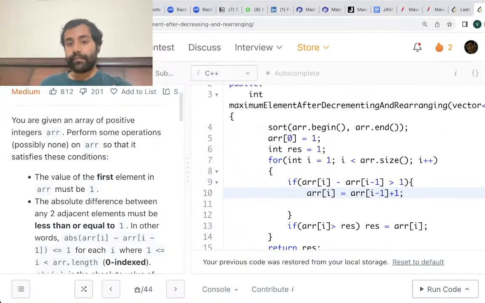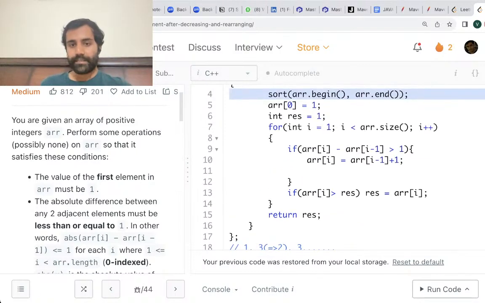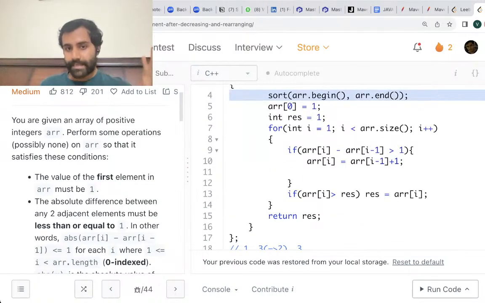We also understood why we sorted the array. We sorted the array because nothing is going to change: if the original array had that property, the sorted array will also have that property. And sorting the array ensures that we are able to pick and change the elements much more comfortably. As simple as that.